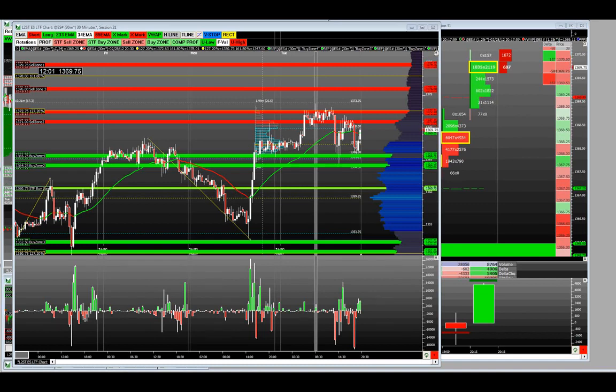So just reading the rest of your question, risk reward for both instruments. On the DAX, I'm looking for the potential for at least a 100 to 200 tick move. Now, it doesn't mean I'm going to get it. On the Euro stocks, I'm looking for the potential for a 50 to 100 tick move. Again, it doesn't mean I'm going to get it.